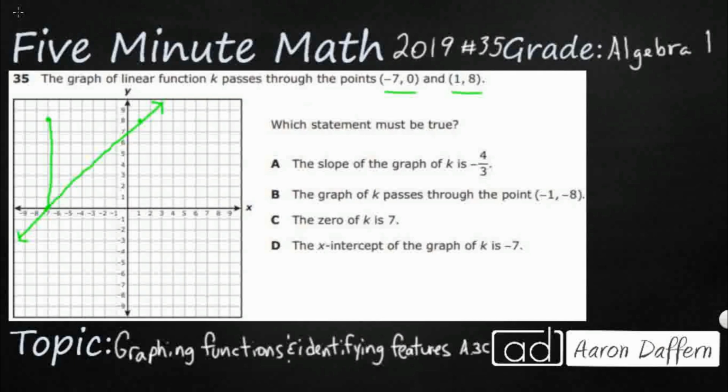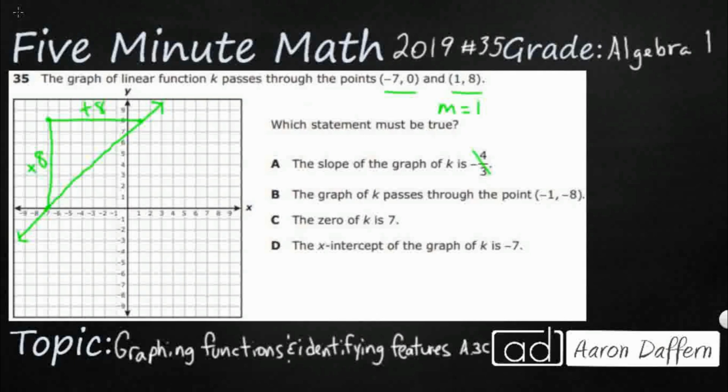It's rise over run. So how much did it go up? It looks like I went up from 0 to 8, and then I went over from -7 to 1. So that looks like it's 8. So it looks like 8 over 8, at least between those 2 points. So I'm thinking my slope is 1. I'll double check that in a second.